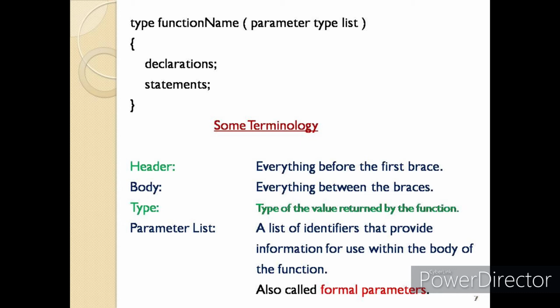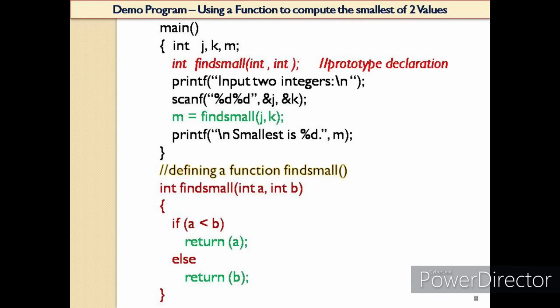Now let us discuss a small program. This program is for finding the smallest of two numbers. Now we have the main program. The main program accepts two values, j and k. Then it summons the function find small, and as input it hands over j and k.